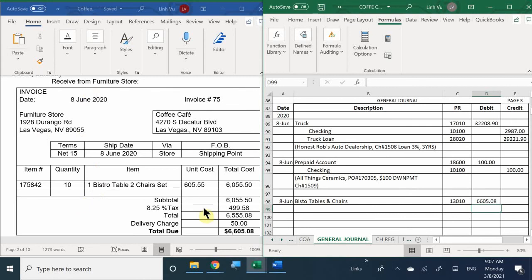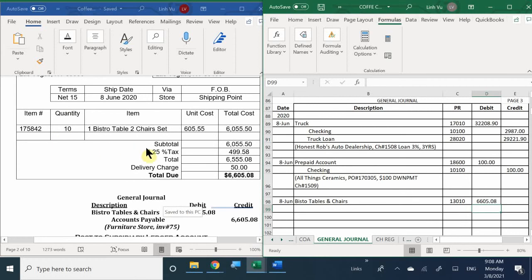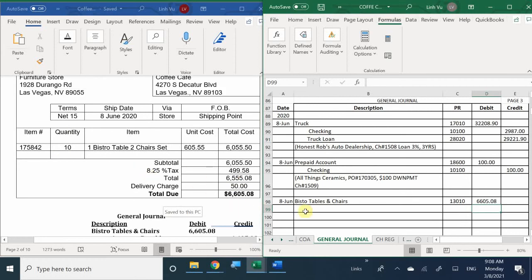And of course, while looking at this bill, right? When is this bill due? In how many days? 15 days. So therefore, I'm going to place this on an account because I didn't pay it just yet. I have 15 days to make the payment.